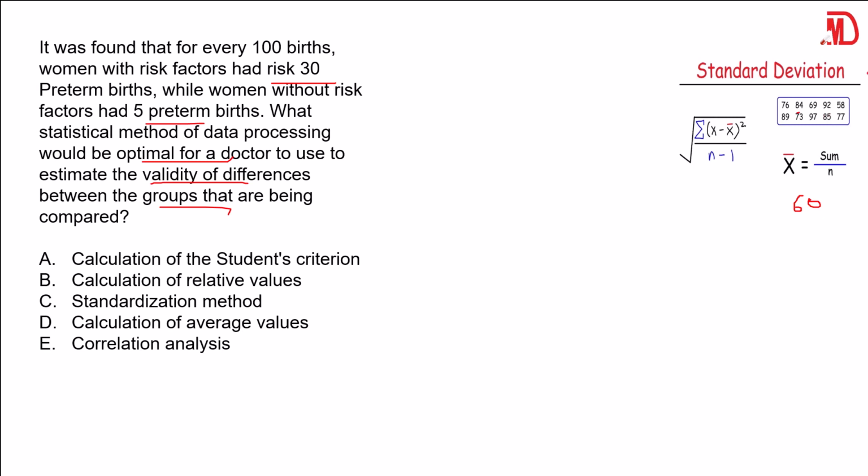I can say 69 is close to the average of 60, and 58 is close. So if more are close to the mean, we have low standard deviation. A high standard deviation means that the numbers are more spread out, very dispersed from the mean or average number. So that is what it's all about.